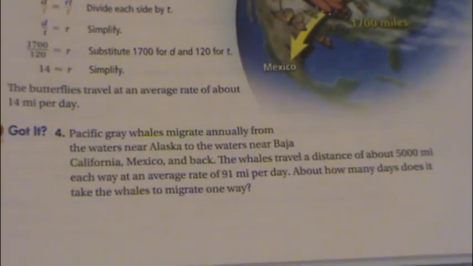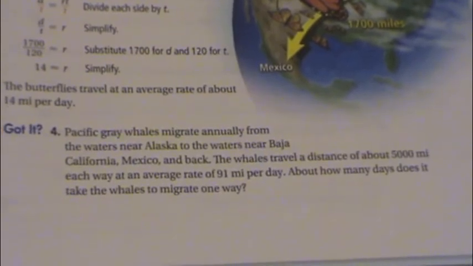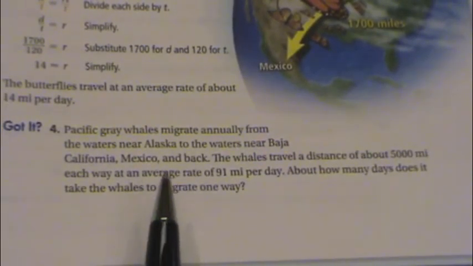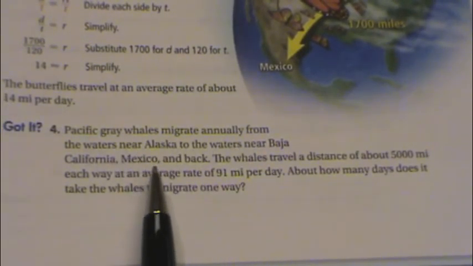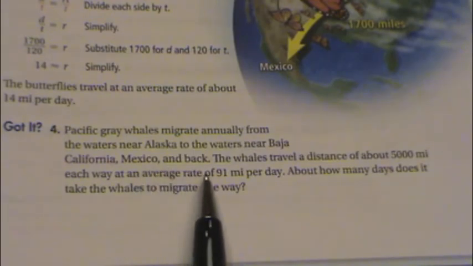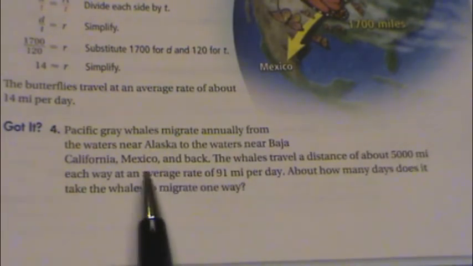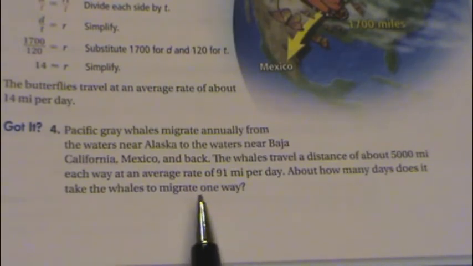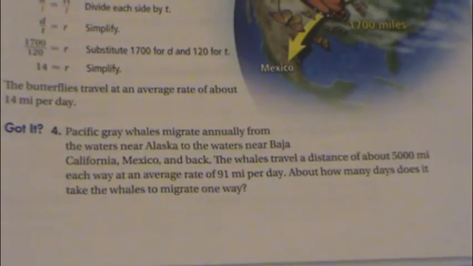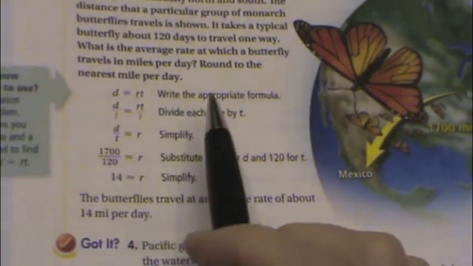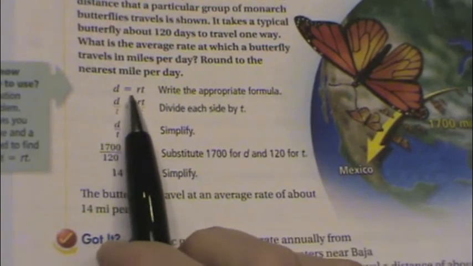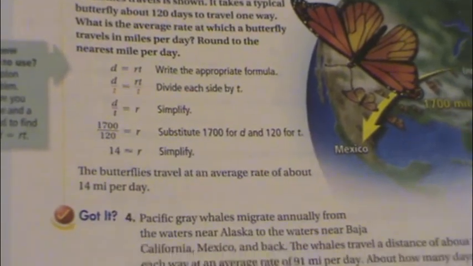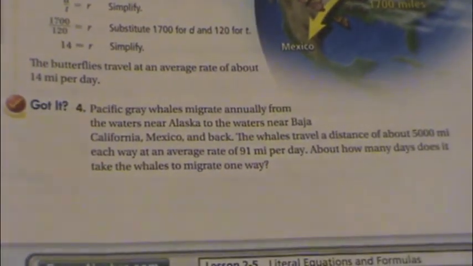And then, got it, number 4 involves gray whales. They migrate annually from Alaska to Southern California and back. They go 5,000 miles each way. It's 91 miles a day. How many days does it take the whales to migrate one way? First question you have is, what formula do I need? Oh, look, it's the same one they used in the example. This is the distance formula. Distance equals rate times time. So take your notebook.